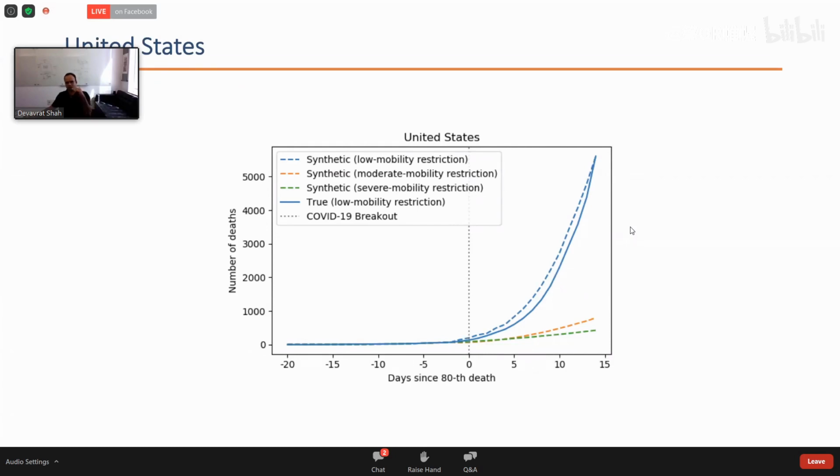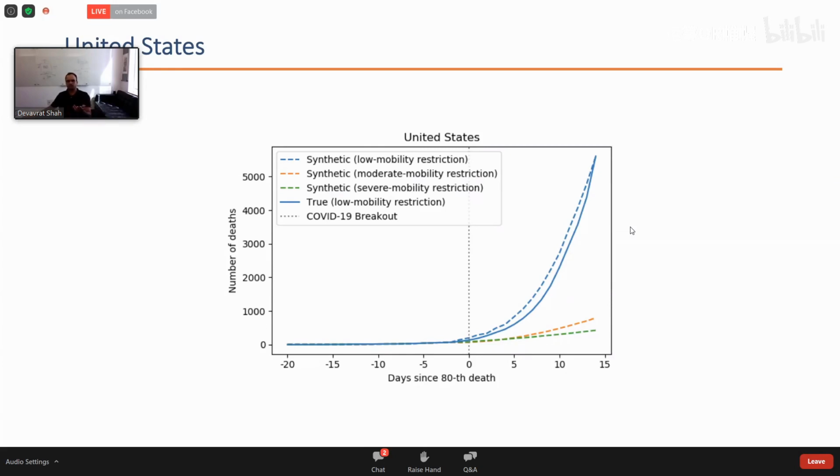Blue corresponds to low mobility reduction, orange corresponds to moderate, and green corresponds to severe mobility reduction in terms of number of deaths. And I'm superimposing that with the dark blue line, which is the true. In a sense, this at least visually cross-validates that, yeah, the method might have some merit.